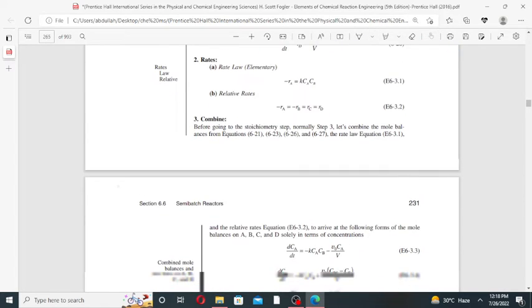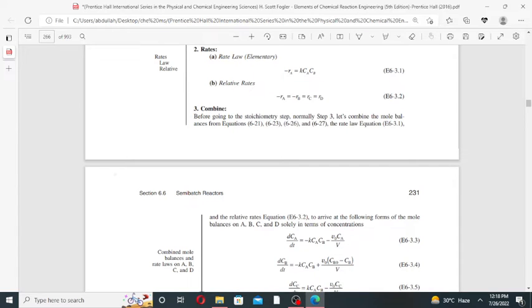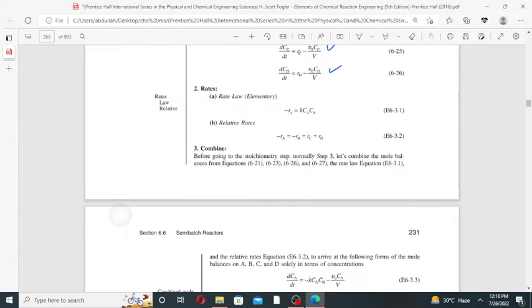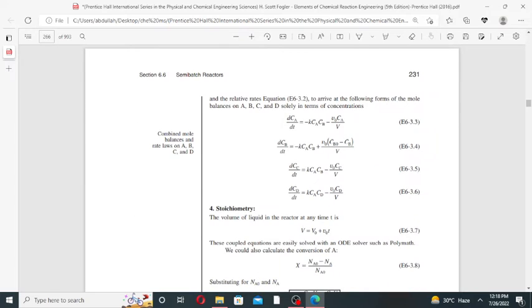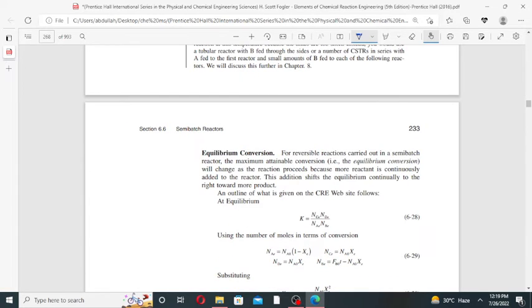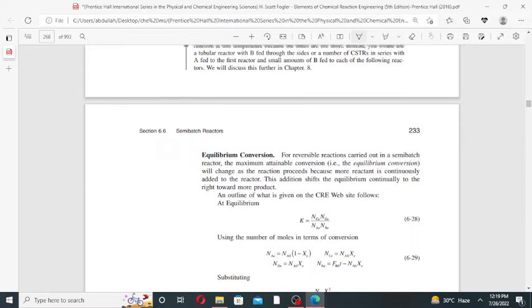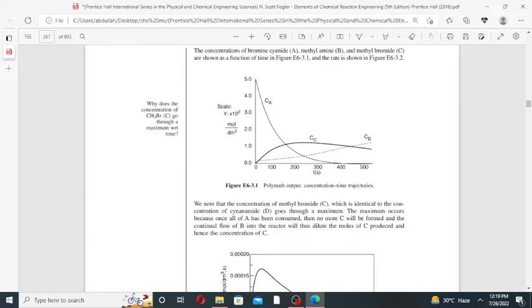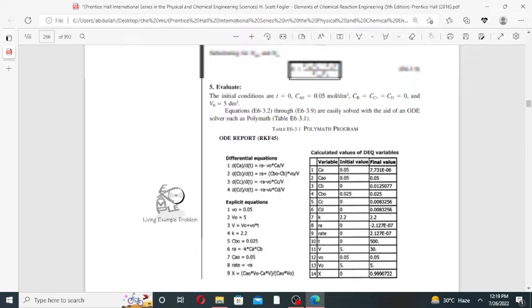Now combine the mole balance with the relative rate and rate law. We will get these equations for component A, component B, component C, and component D, because in place of Ra we will write minus K into Ca into Cb, because minus Ra is equal to K into Ca into Cb.